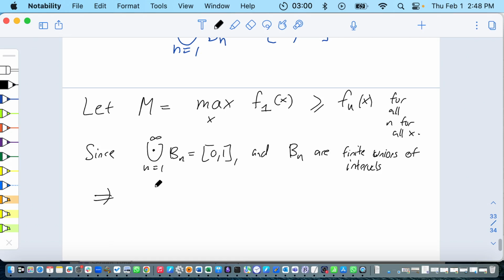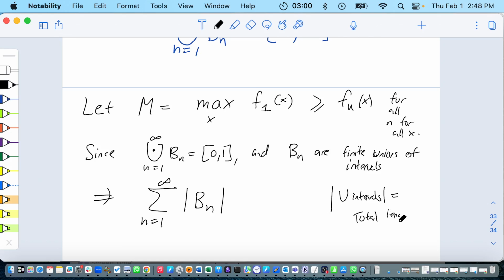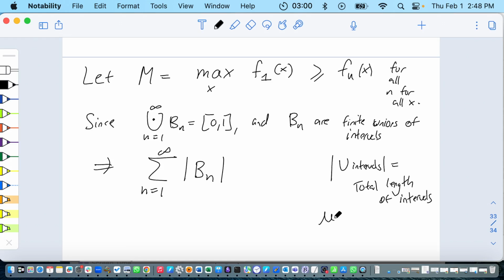therefore, the sum from n equals 1 to infinity of the absolute value of Bn, where the absolute value of a finite union of intervals means the total length of the intervals. Some people would call this the measure. We could also write the measure of Bn if you wanted.